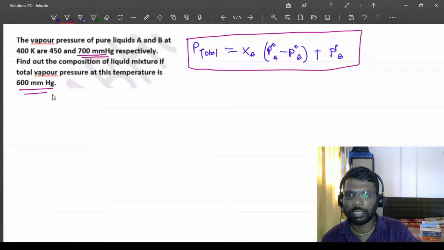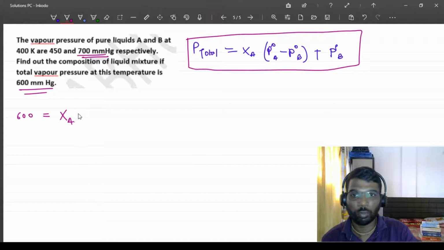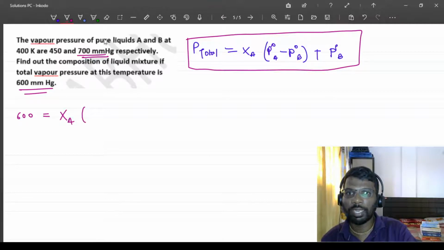All are in the same unit of pressure. I'll write this to be 600. Mole fraction of A, I don't know. That is what we need to find. P naught A is the pure liquid A vapor pressure, which is 450, and P naught B is 700 mm of mercury, plus P naught B again, it is 700.